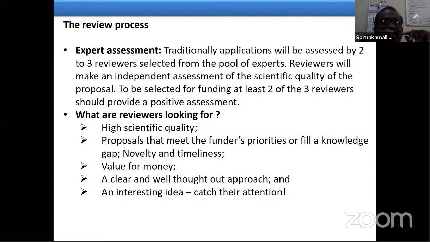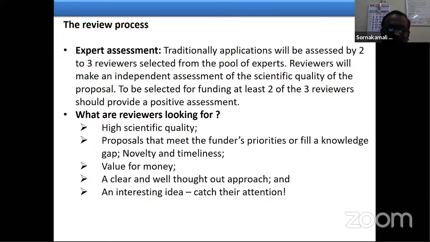Then the review process by the funding agency. Normally, the funding agency will appoint 2 to 3 peer reviewers from a pool of experts. Reviewers make an independent assessment of the scientific quality of the proposal. For a proposal to be selected for funding, at least 2 reviewers among 3 should give a positive comment.